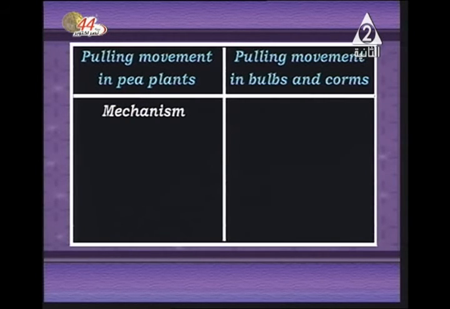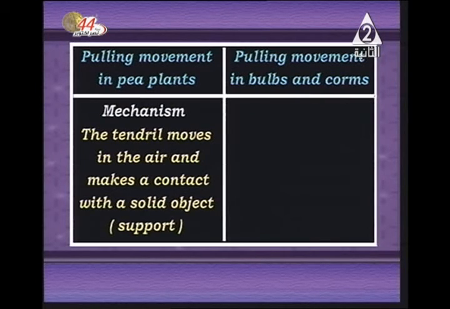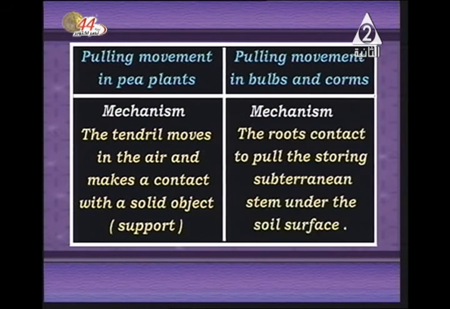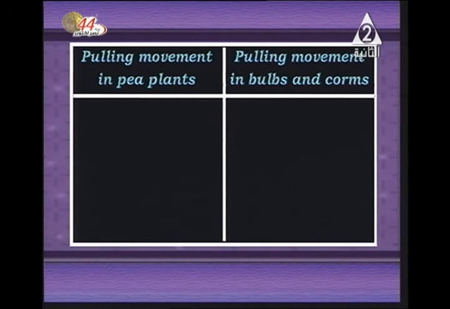The mechanism means how does it work? Number one, the tendril moves in the air searching for contact with a solid object for support, while in the pulling movement of bulbs or corms, the roots contact and pull the subterranean stem, under the soil surface.